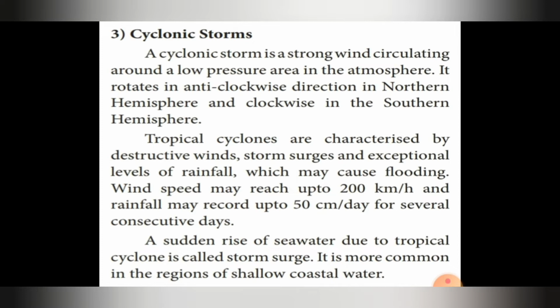Wind speed may reach up to 20 km per hour, and rainfall may record up to 50 cm per day for several consecutive days. A sudden rise of seawater due to tropical cyclone is called storm surge. It is more common in the region of shallow coastal water.